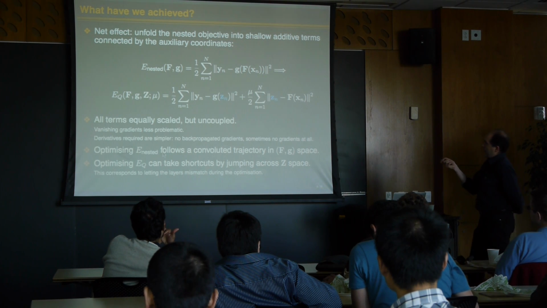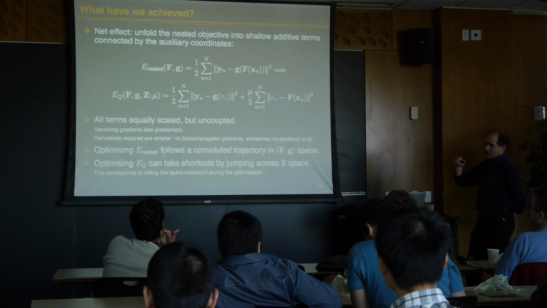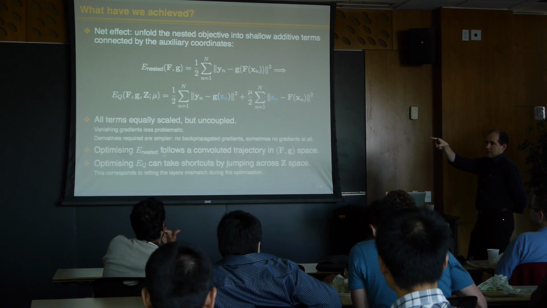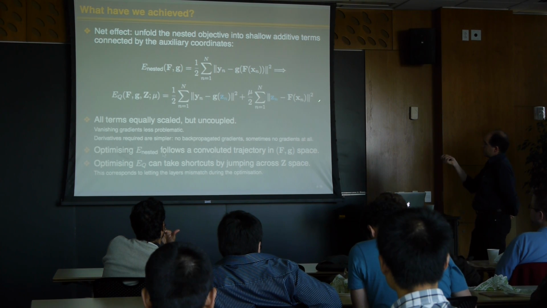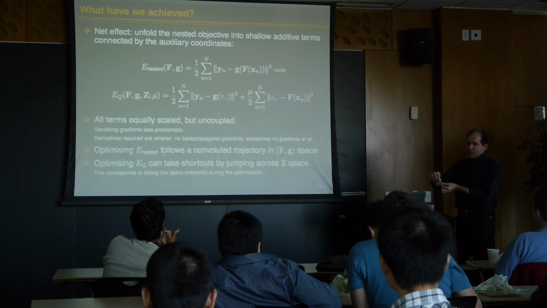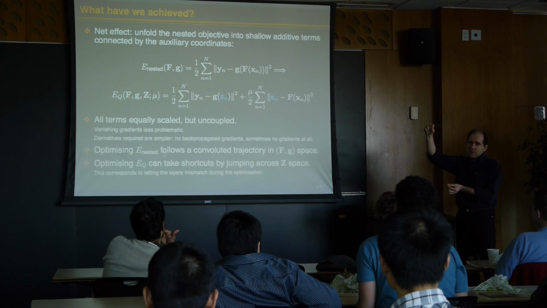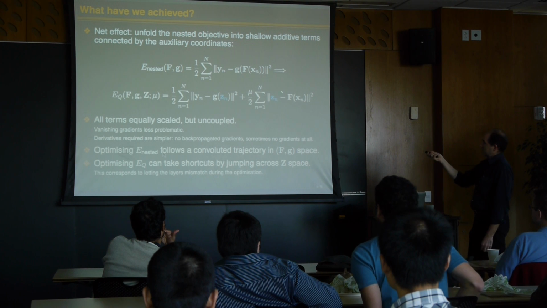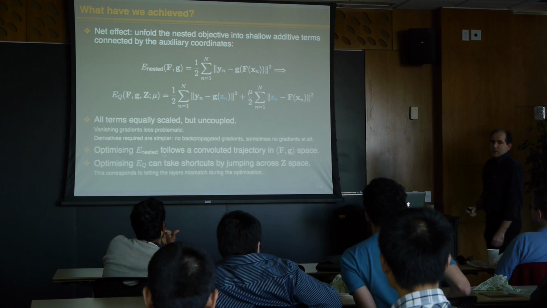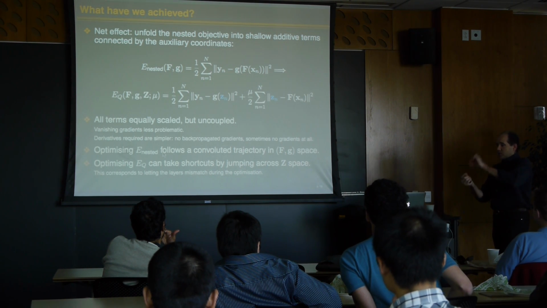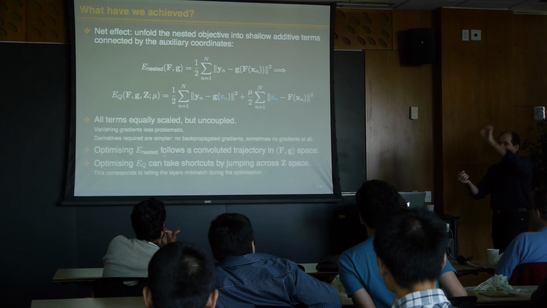Okay, so optimizing the original function, as I said, will have the problem of following this convoluted path in the parameter space. And then in this new space, what happens is that you have extra space. These are the new coordinates, and you can move in that space by violating the constraints, and that can allow you to take shortcuts from the original point, the initialization point, to the minimum.